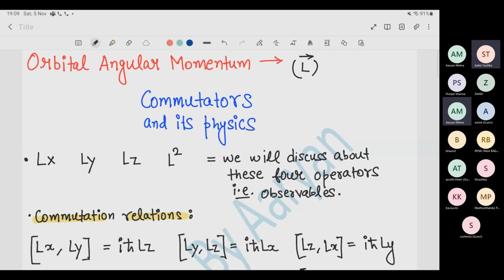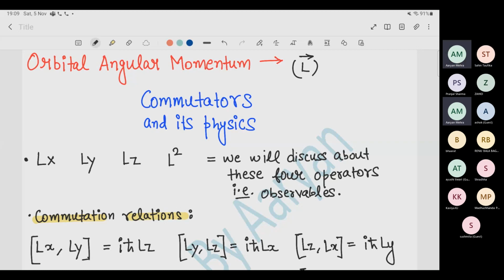To remove that square root, we take the square of L? No, that is mathematical. We know how to find square roots. Mathematically, we can find them. So what is p square by 2m in classical mechanics? What is that? Kinetic energy.